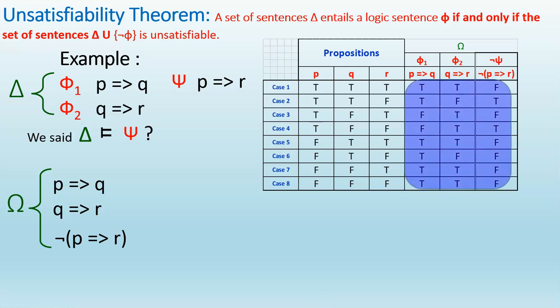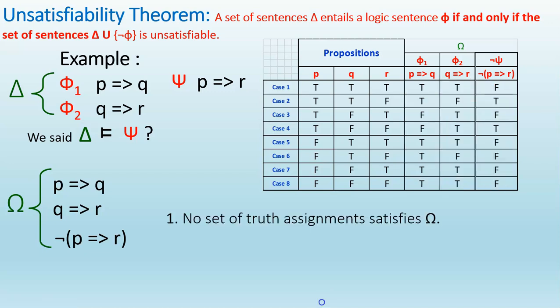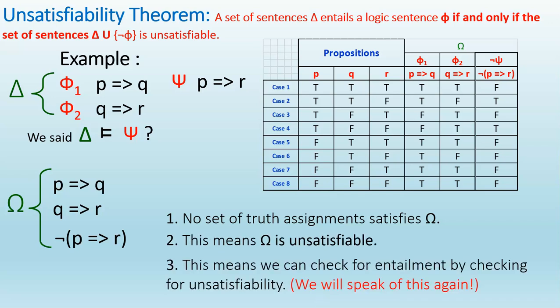Okay, so because those three sentences together, that set, omega, never has three satisfied sentences simultaneously, that means the set is unsatisfiable. Because no set of truth assignments satisfies omega. It's unsatisfiable. This means that we can check for entailment by checking for unsatisfiability.